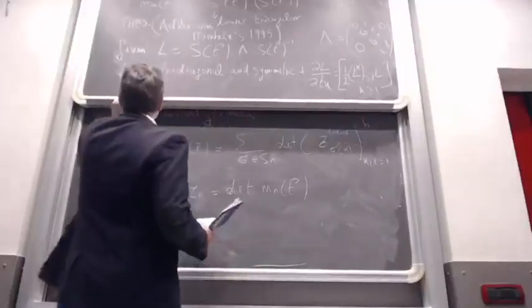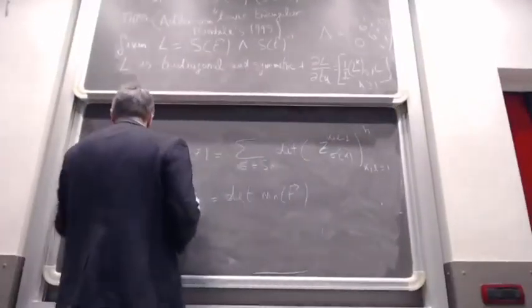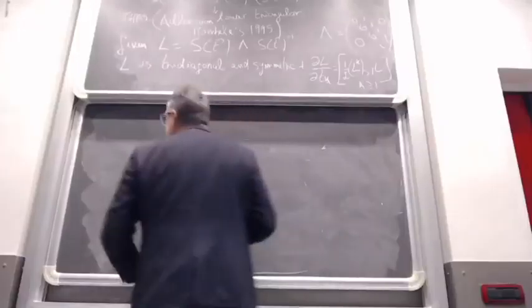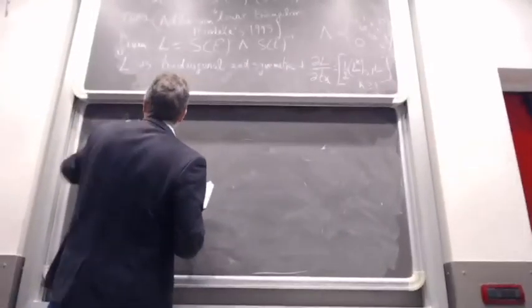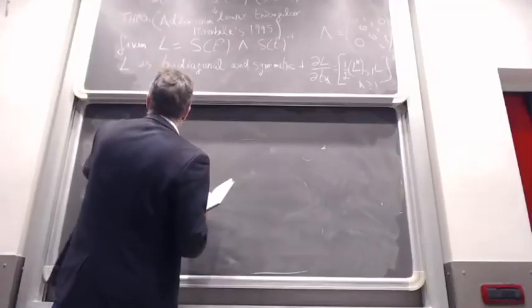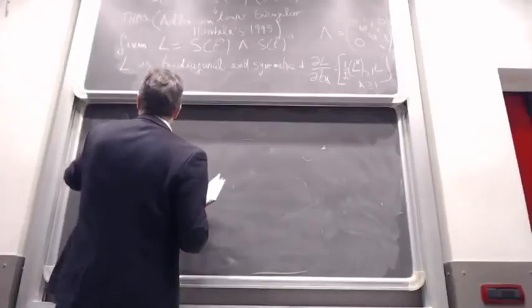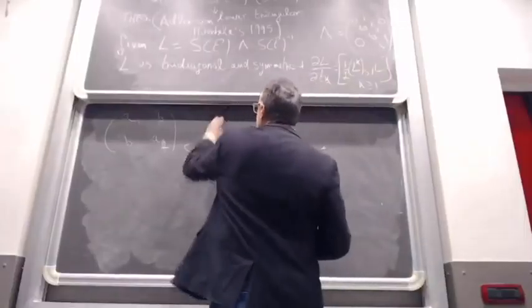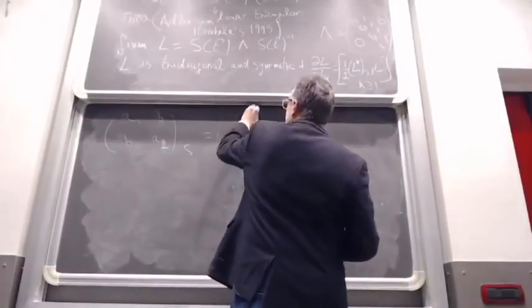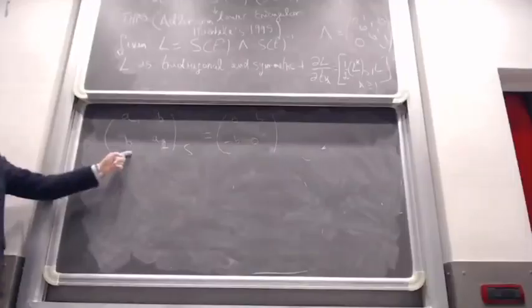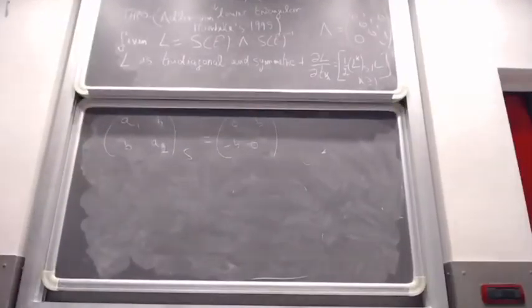let me write the skew-symmetric part. So for example, let me say A1, A2, B, B, B. If I take the skew-symmetric part of this symmetric 2 by 2 matrix, it is a skew-symmetric matrix where the diagonal entries are B and minus B. Just to give an idea of what this projection means.